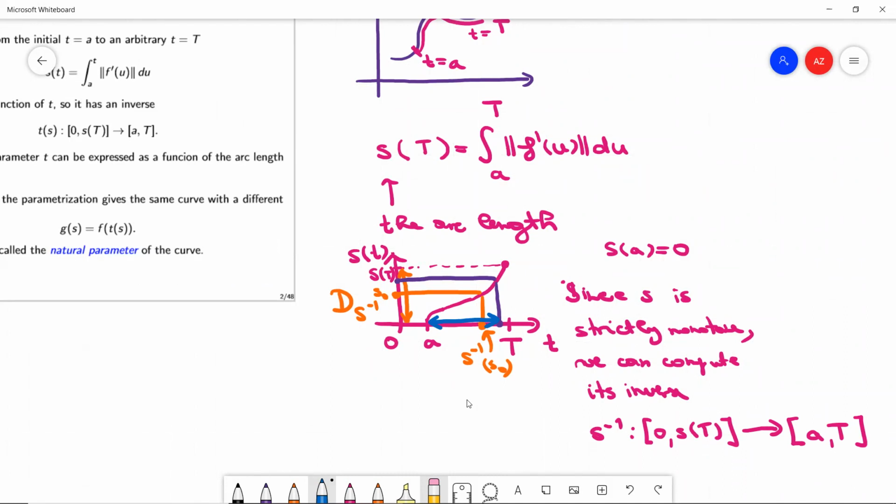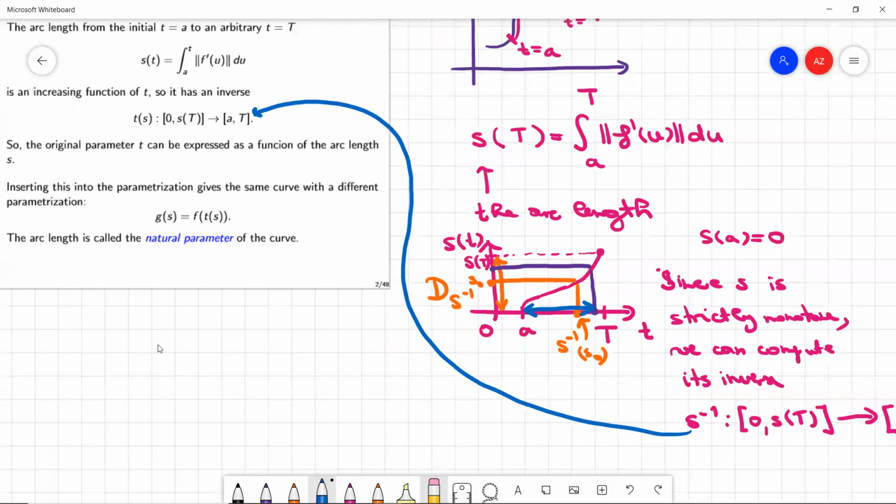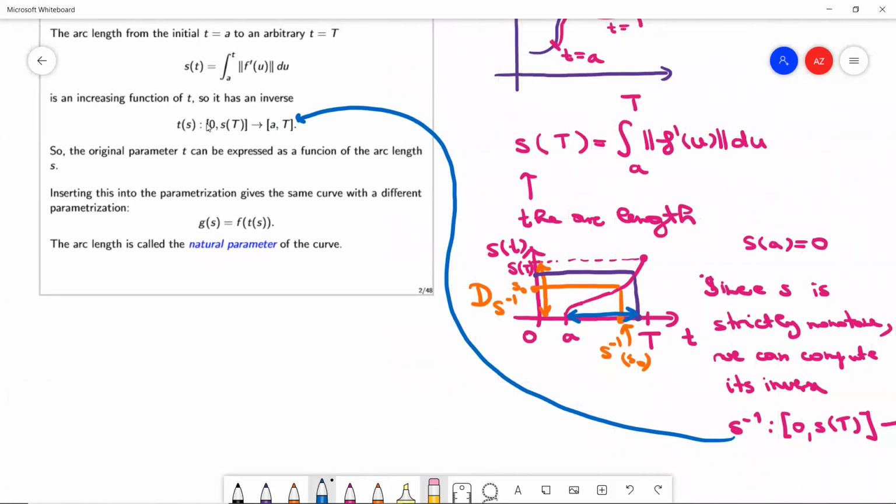It's nothing else than the function t of s. We write s inverse as a function t of s, because at a specific value of s, we get the corresponding time. So it maps 0 to s of T into the time interval a to T.